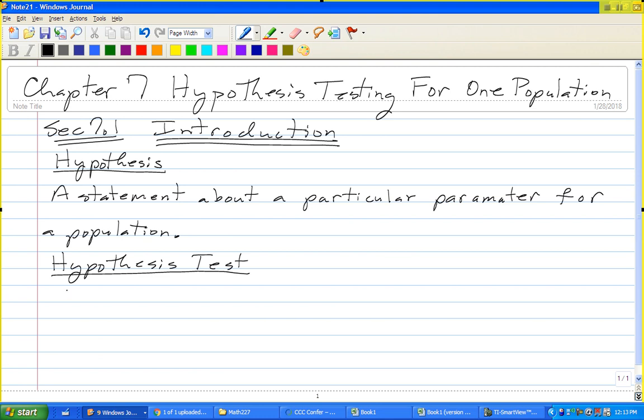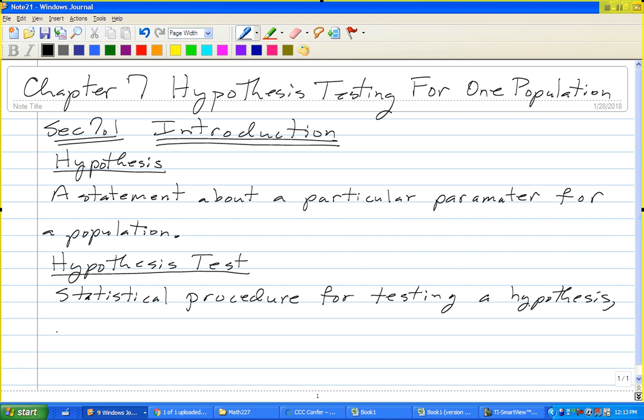A hypothesis test. This is a statistical procedure for testing a hypothesis, which is a claim about a population parameter.